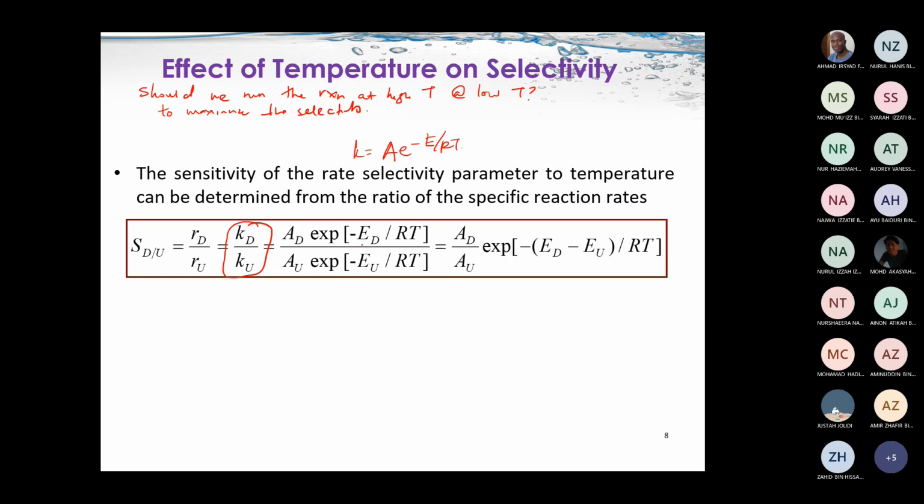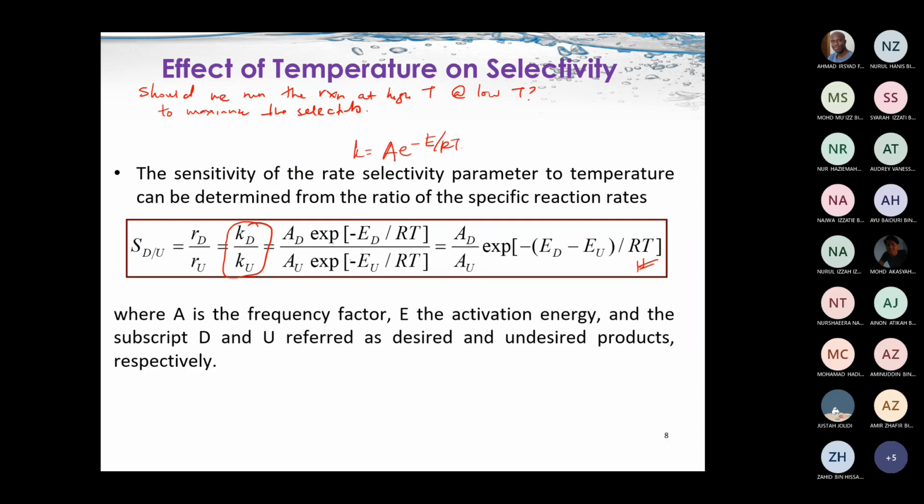Okay, and then you can simplify since there is an exponent top and bottom ni, then you can simplify like this one. Okay, so what is A? A is the frequency factor, alright, and E the activation energy. Okay, this is activation energy, and the subscripts D and U referred to desired and undesired product respectively.